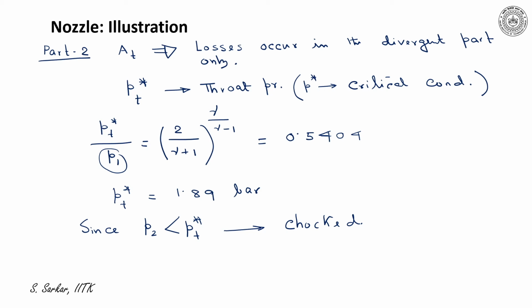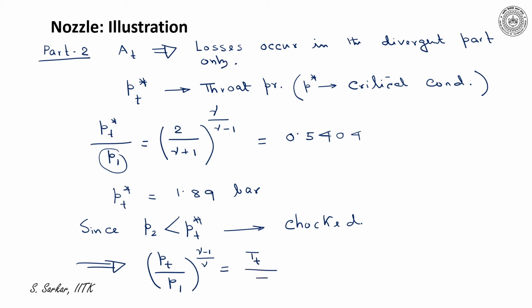Now, since I have considered the loss in the convergent part is 0, I can write PT by P1. The ratio can be given by some isentropic equation, which is (TT divided by T1) to the power gamma by gamma minus 1, where TT means temperature at throat.